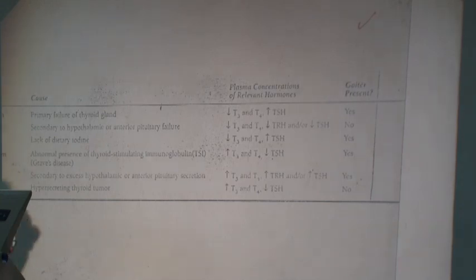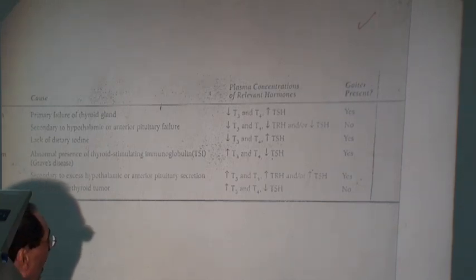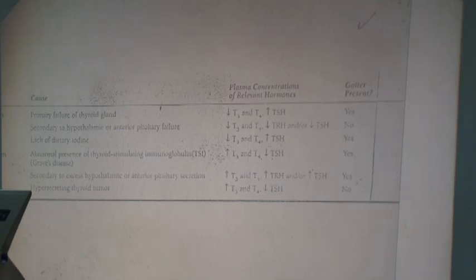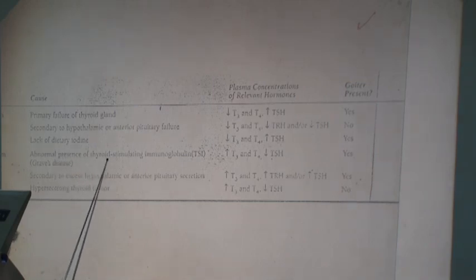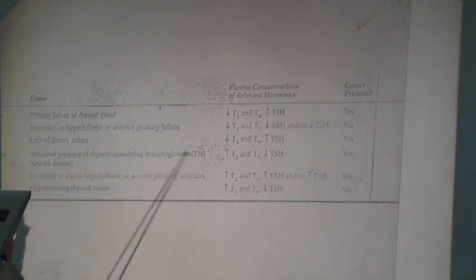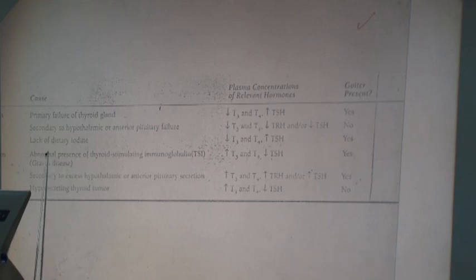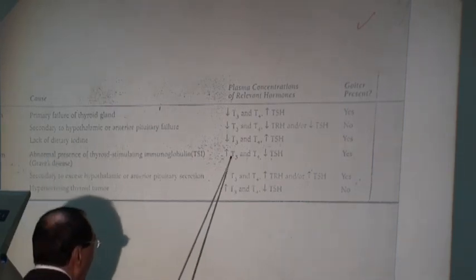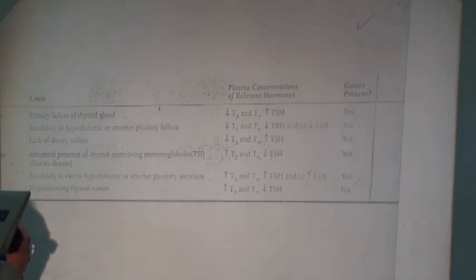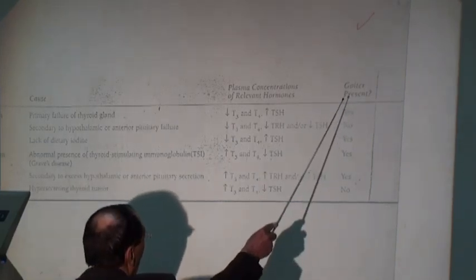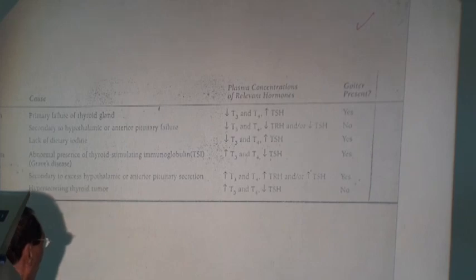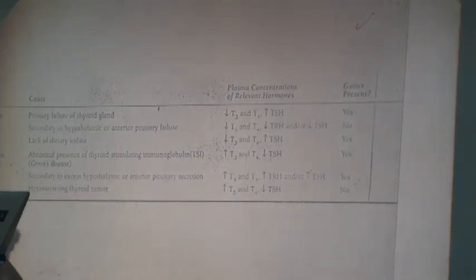Exophthalmos is protrusion of the eyeballs, and goiter is enlargement of the thyroid gland. Usually, the abnormal presence of thyroid stimulating hormone in the thyroid gland causes a disease called Graves' disease, which causes high T3 and T4. This causes the goiter also.